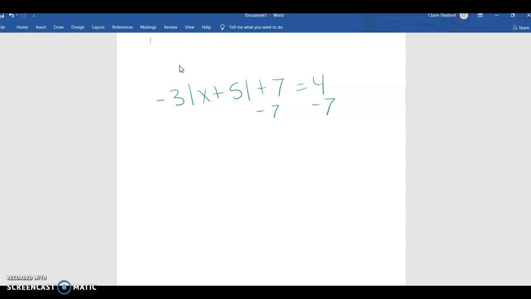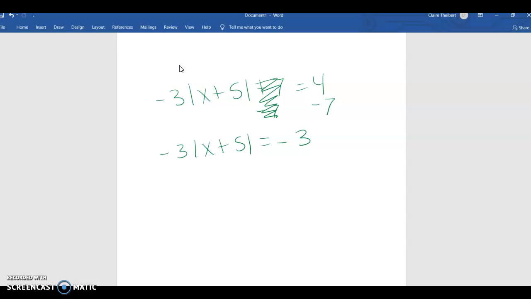So now we're just going to rewrite it. We have negative 3 times x plus 5. We're getting rid of that 7. Here we have 4. You have $4, but you owe your mom 7. So she says, give me all your $4. So now you still owe her $3. So 4 minus 7 is going to be negative 3.